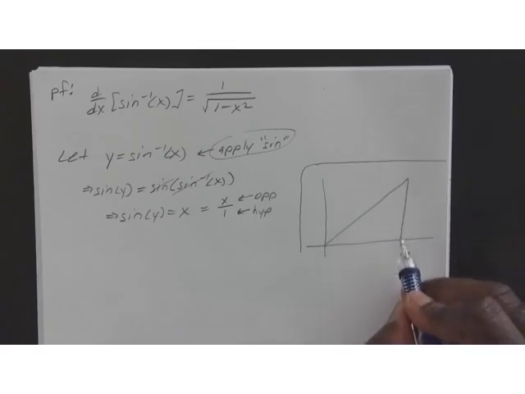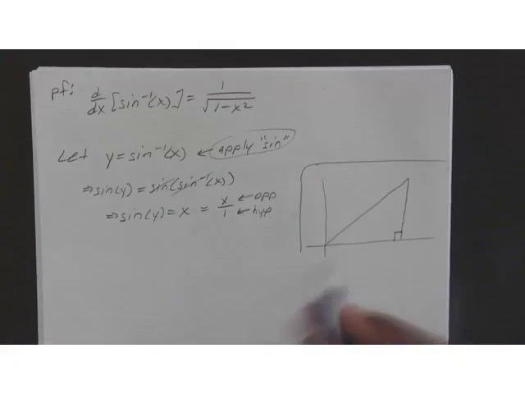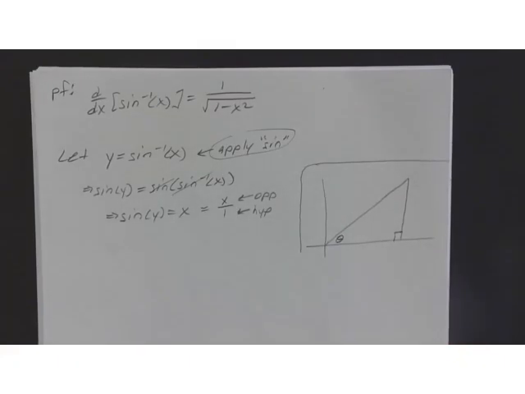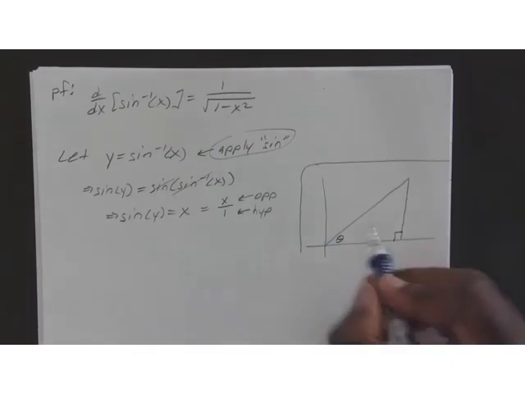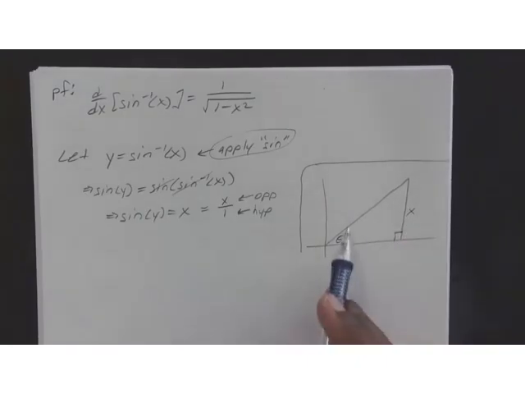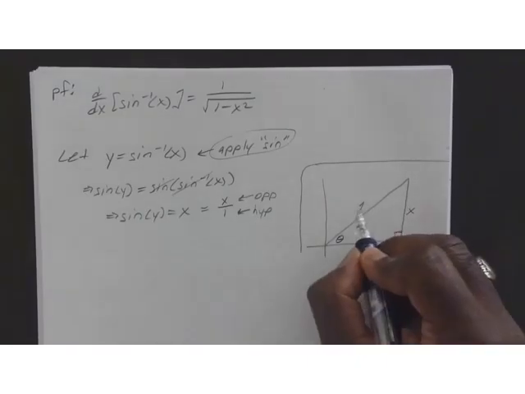So if we have our right triangle, let's say this is our angle that we will call theta. We know that our opposite is x. And our hypotenuse is 1.